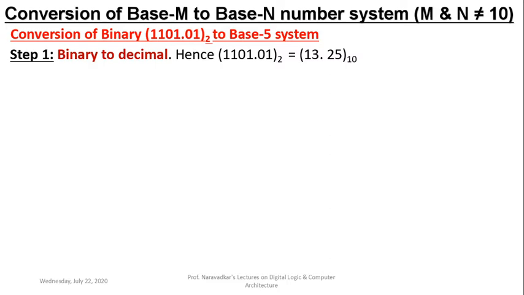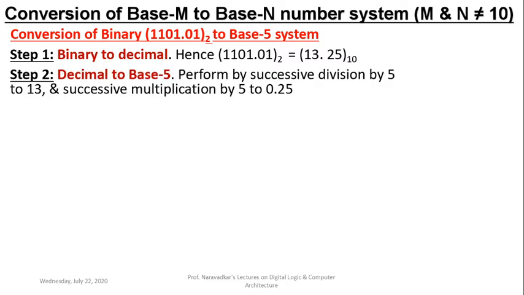Once I get this decimal value, then in the subsequent step it can be converted to base 5 system. This operation is performed by successive division by 5 to the integer part, that is 13, and successive multiplication by 5 to the fractional part, which is 0.25.